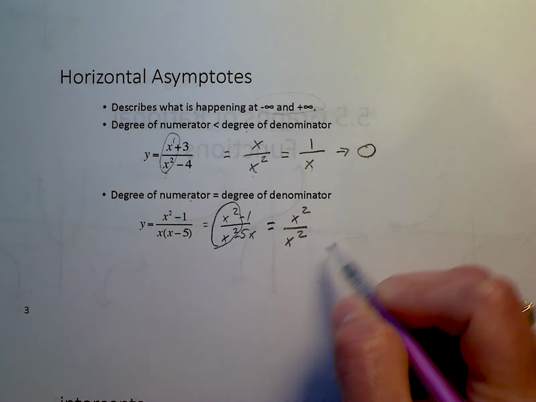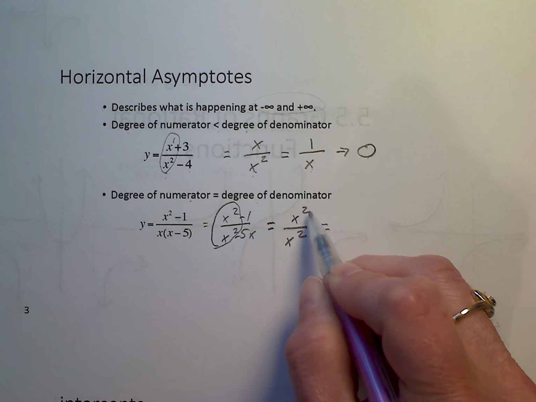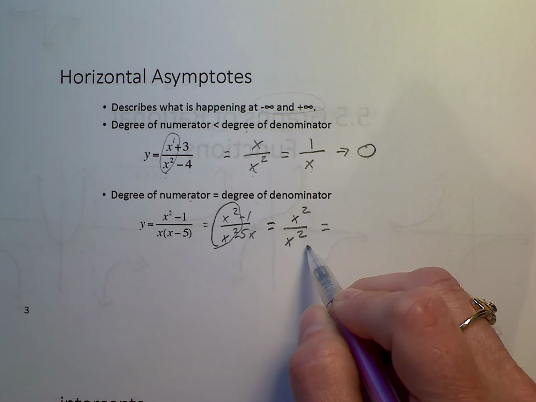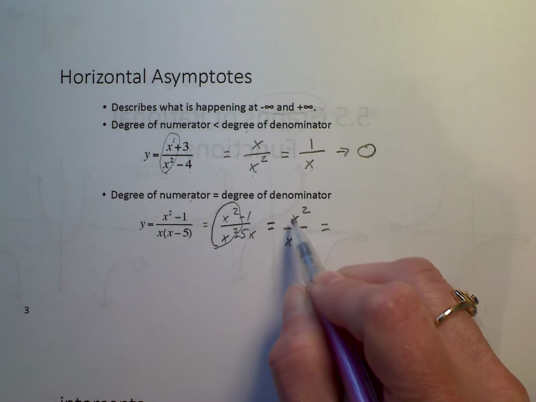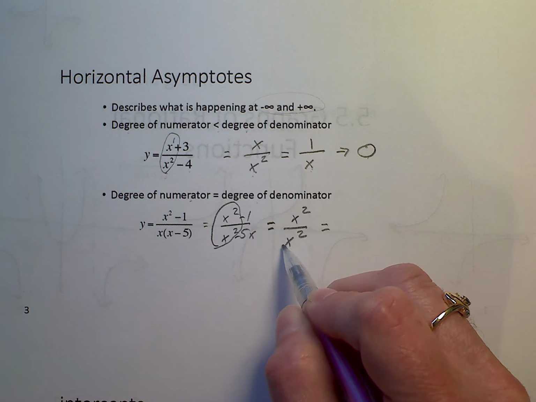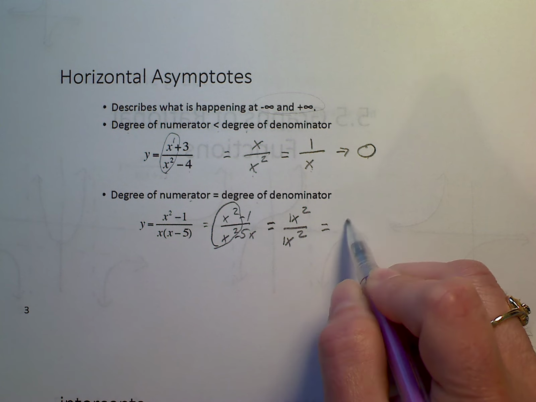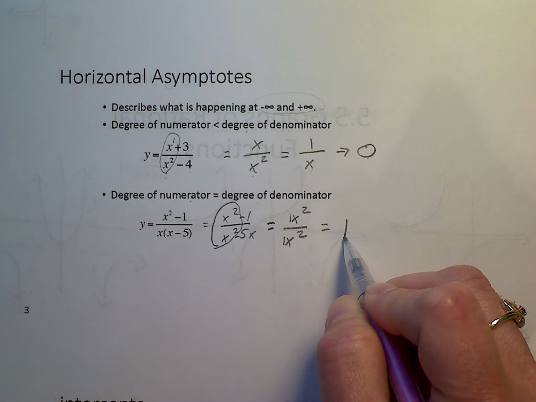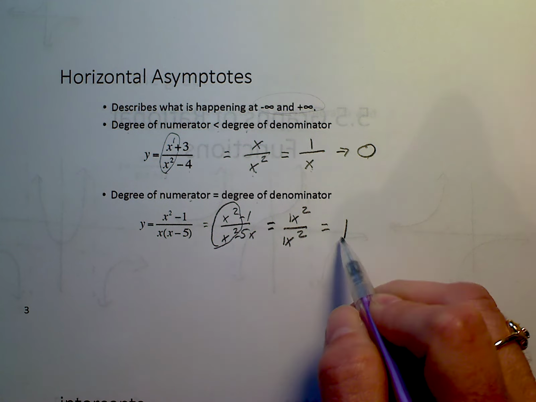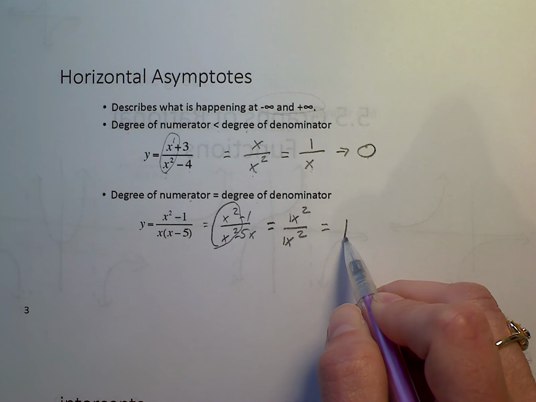Don't care about the rest of that. Well, what's that going to simplify down to? They're both going to cancel out, right? And so the number out front is 1. Make sure you understand that that's what's going on. So the horizontal asymptote for this one is 1.